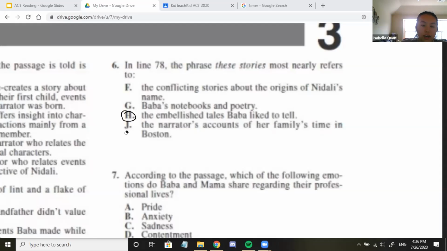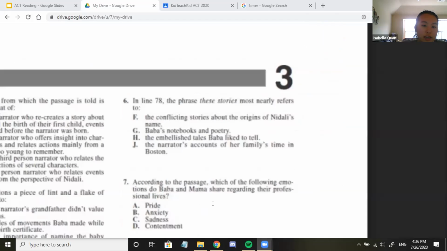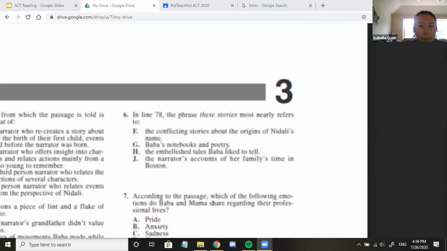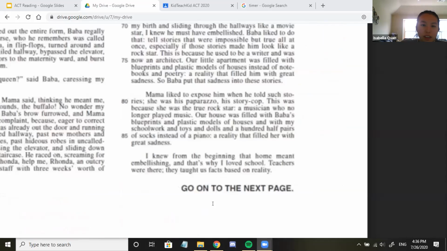Good. Now number 7, which of the following emotions do Baba and Mama share regarding their professional lives? This one, there is a certain phrase that they like to say again: a reality that filled him with a great sadness, a reality that filled her with a great sadness. And what does this specifically mean? It talks about their jobs. The dad wanted to be a writer but is now an architect.